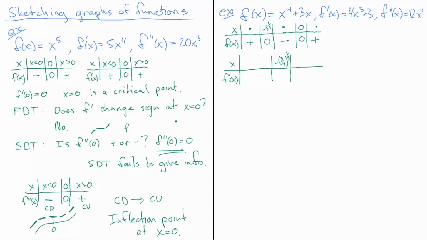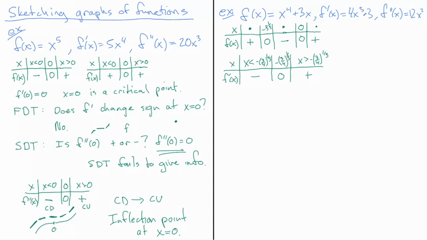It'll be 0 there, and if x is a positive number, then this will be positive, and so that means that everywhere above minus 3 over 4 to the 1/3 has to have the same sign. So this is x greater than minus 3 over 4 to the 1/3, positive here, and down here, x less than that is going to be negative.